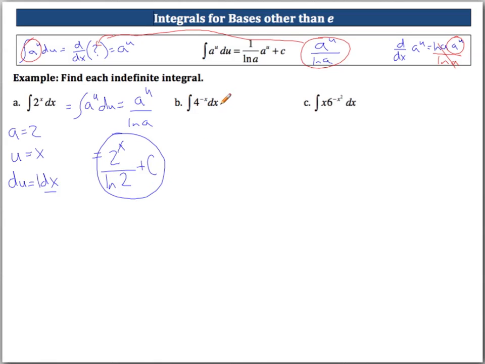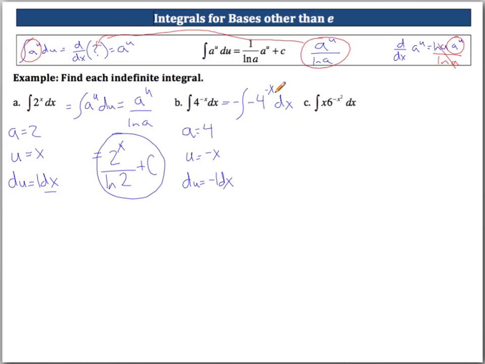All right, let's move on. For letter b, we have the integral of 4 to the negative x dx. So again, a is going to be our base, which is 4, and u is going to be negative x, and so du in this case becomes negative 1 dx. And you can see here we have dx, but we don't have a negative, so that tells me I'm going to put a negative outside the integral and a negative inside the integral.